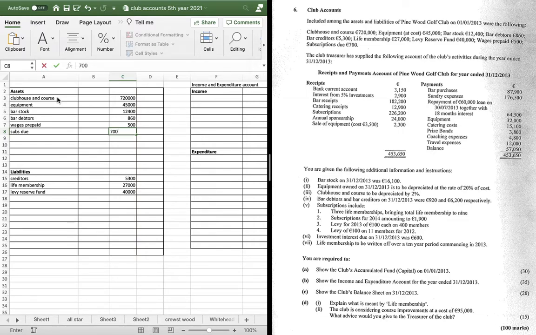From the middle, we're looking for the bank balance, loan interest due, and any evidence that there's investments. Right, so the bank current account balance is over top left there, 3150. Okay, and that's an asset. Then I know there's going to be a loan and loan interest, so I'll go to those next.